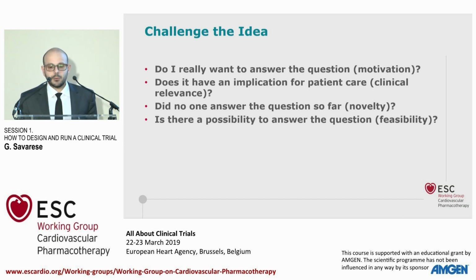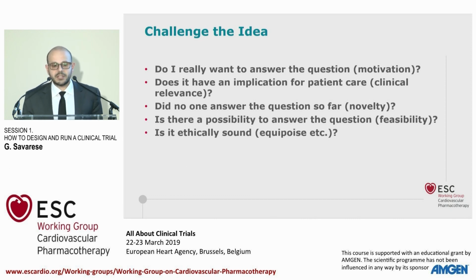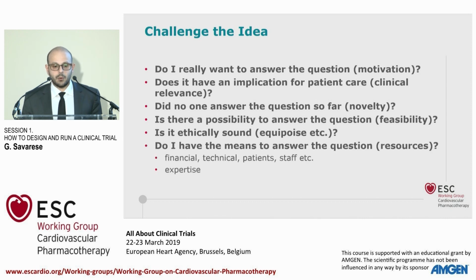Then we have to figure out if it's feasible to address the research question we want to explore. And by feasibility, we mean something like: we have enough personnel, enough money, we have the competencies to do what we are planning to do, and, of course, it's ethically sound.